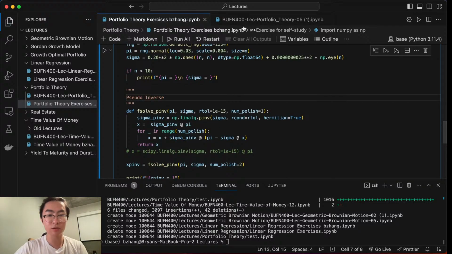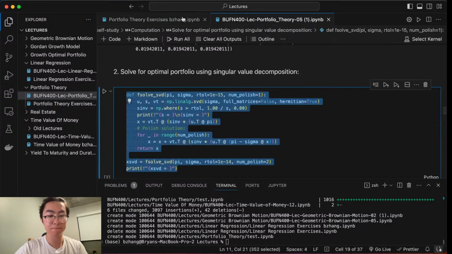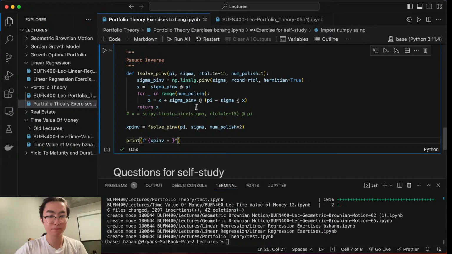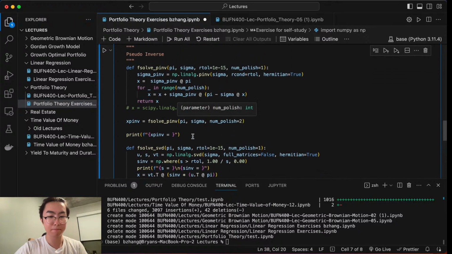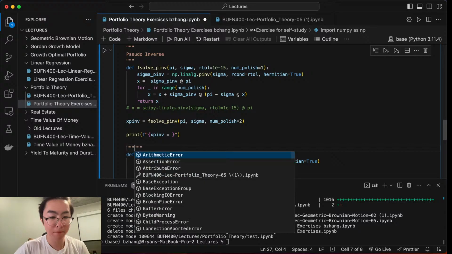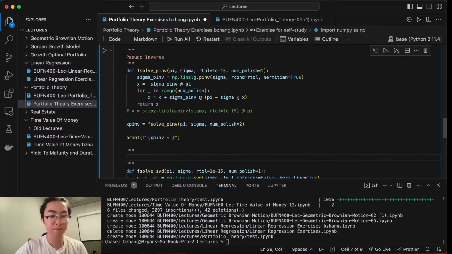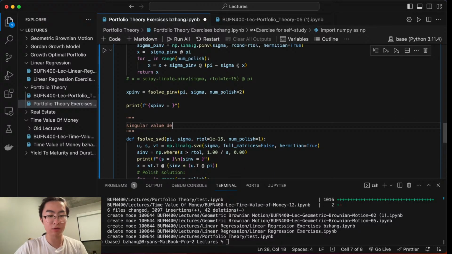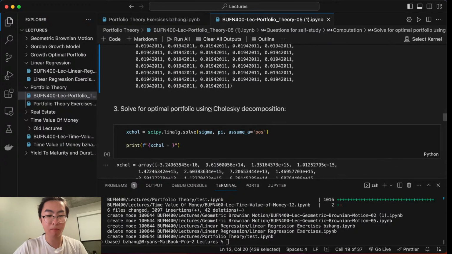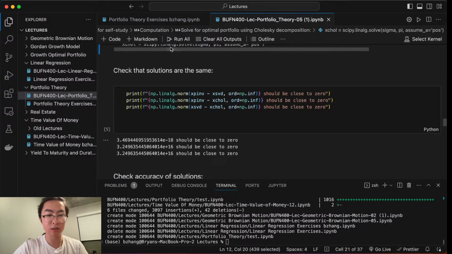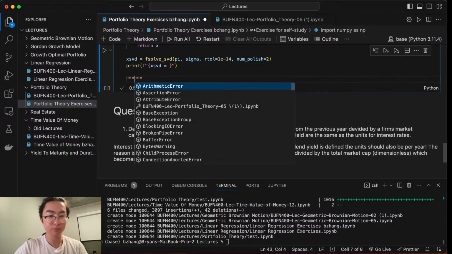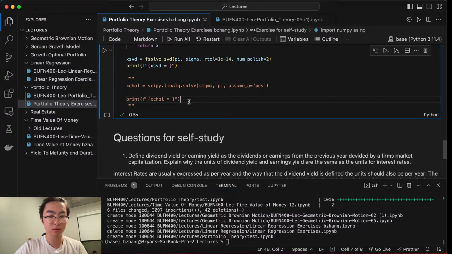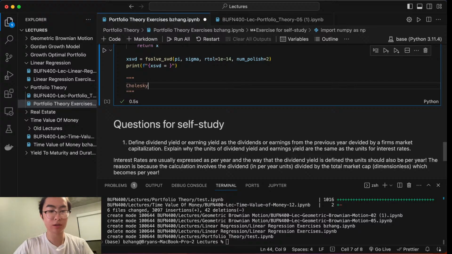Pseudo-inverse. This one is using singular value decomposition. Cholesky. Cholesky.